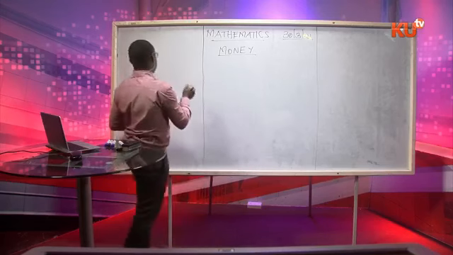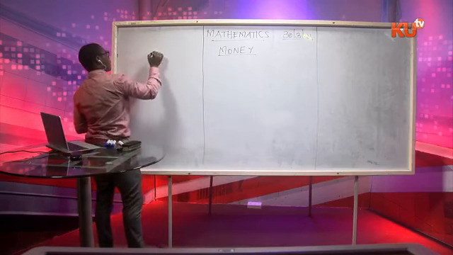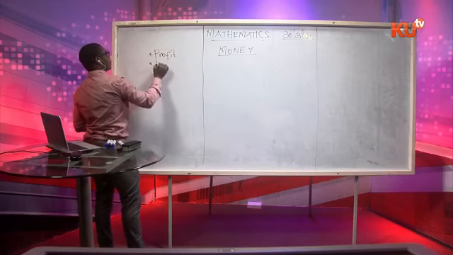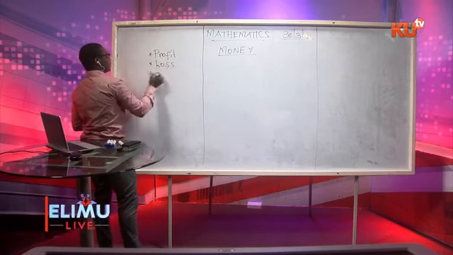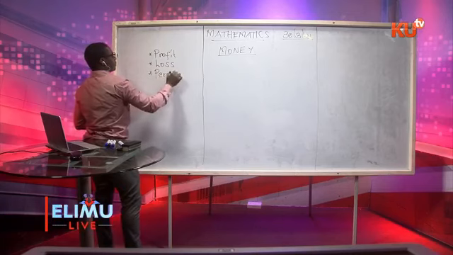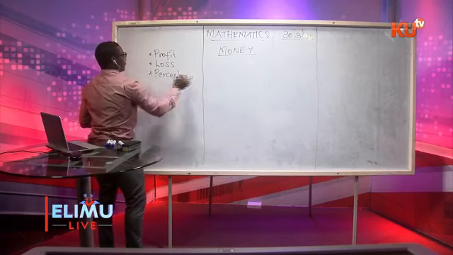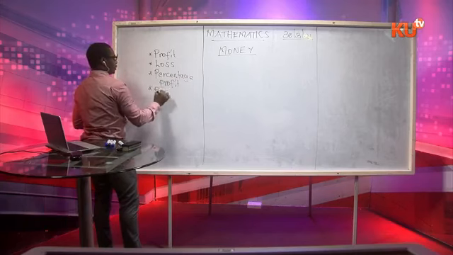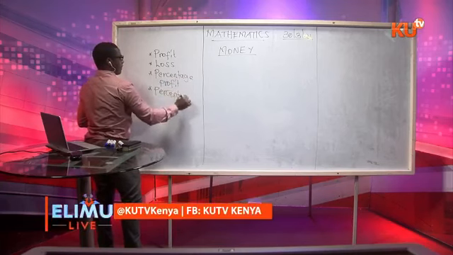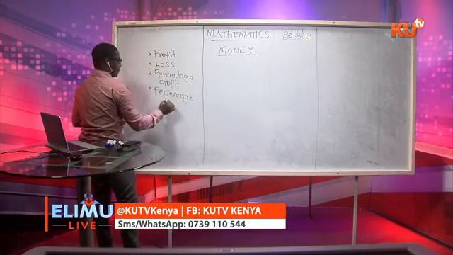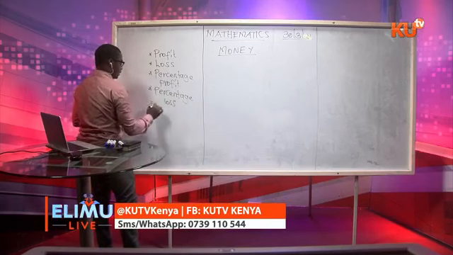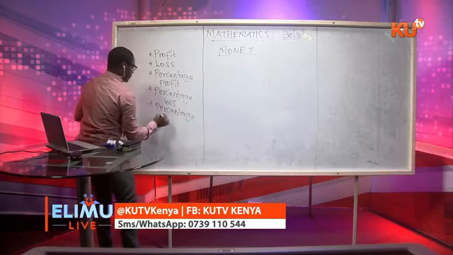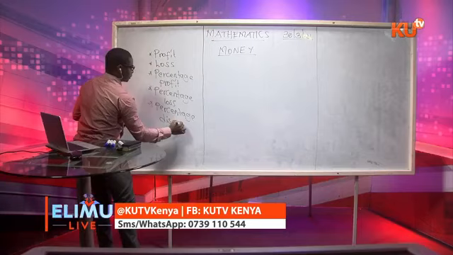So our subtopics for the day: we have profit, we have loss, we have percentage profit, we have percentage loss, and finally we have percentage discount and what discount is.